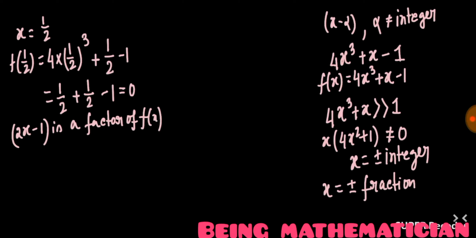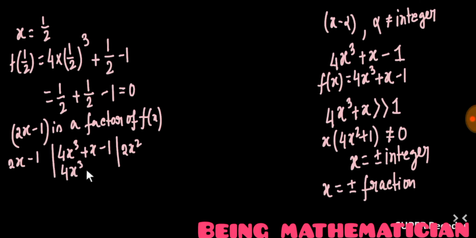Therefore, to find another factor of f(x), we have to divide 4x cube plus x minus 1 by the factor 2x minus 1. So it will be 2x square, that is 4x cube minus 2x square, leaving 2x square plus x minus 1.